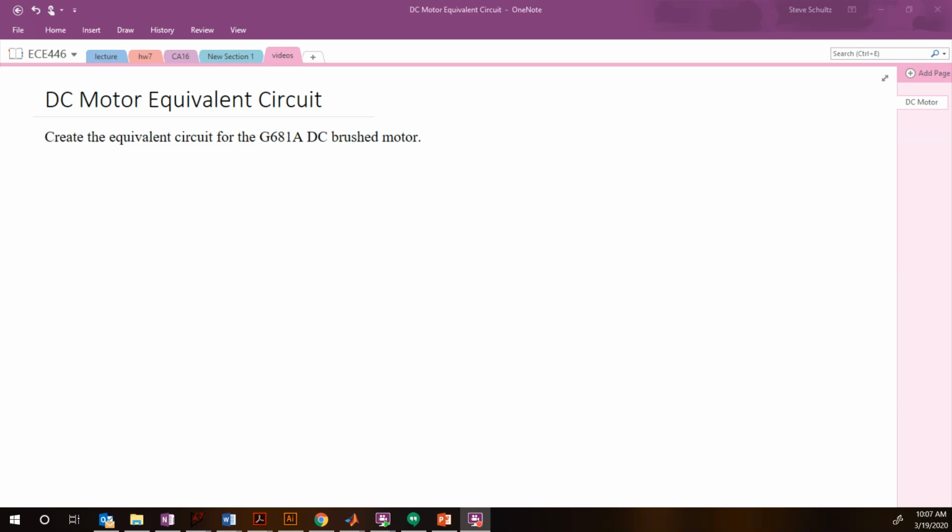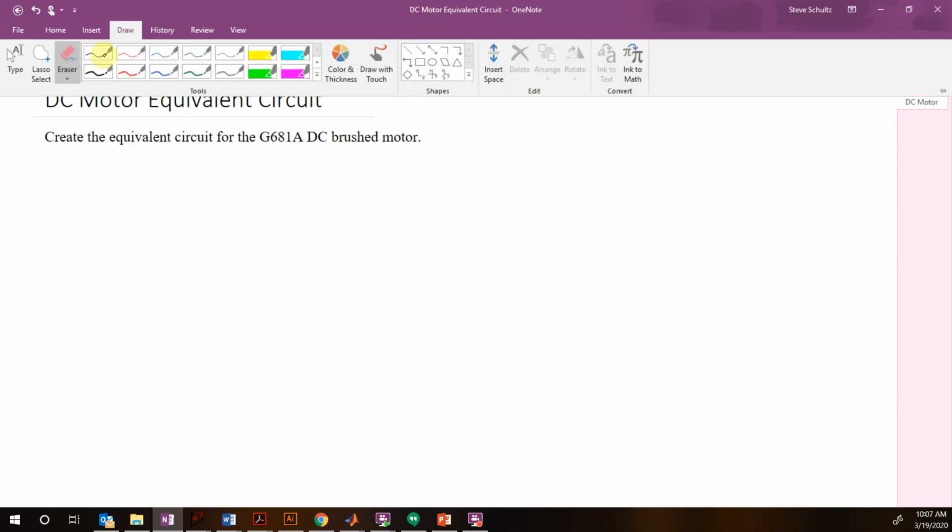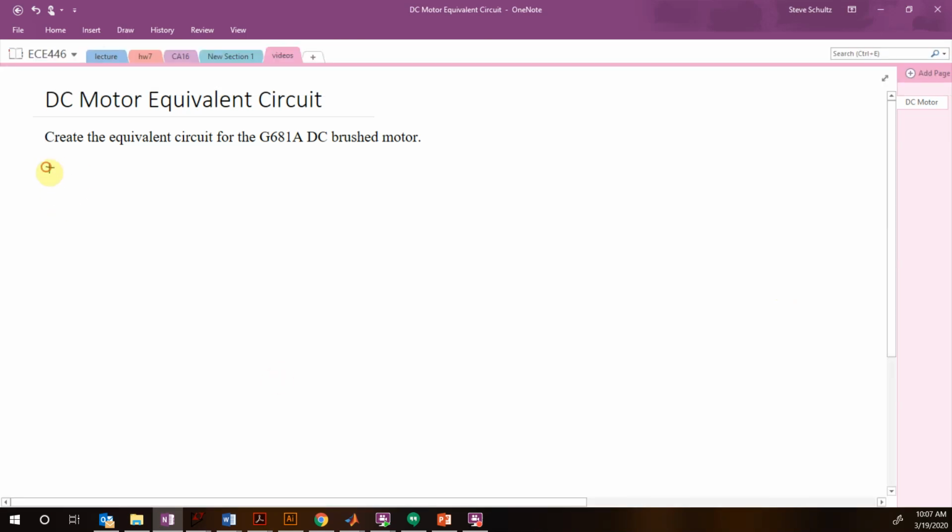Okay, the goal of this video is to create an equivalent circuit model for a specific motor. We're going to be doing the 681A. So the first thing that we need to do is draw the basic equivalent circuit. The basic equivalent circuit has an applied voltage.